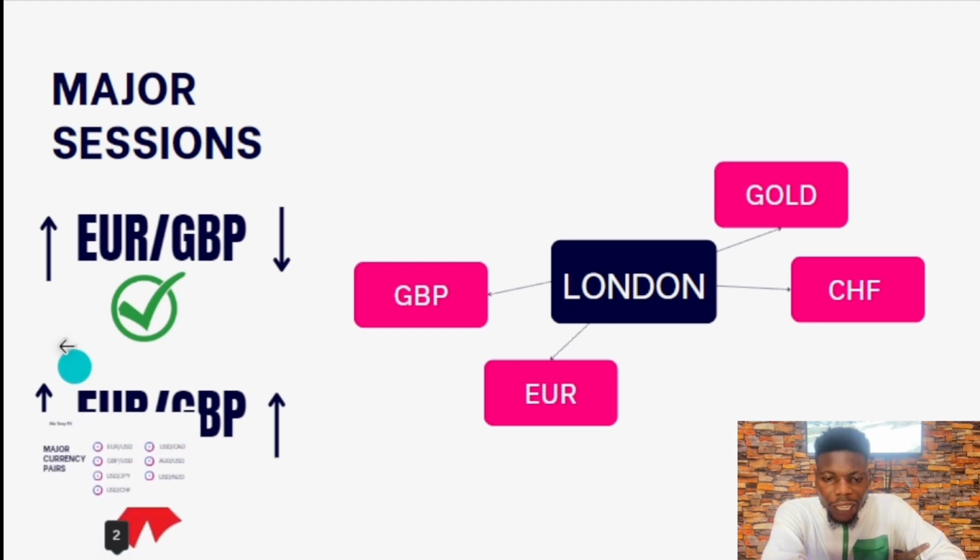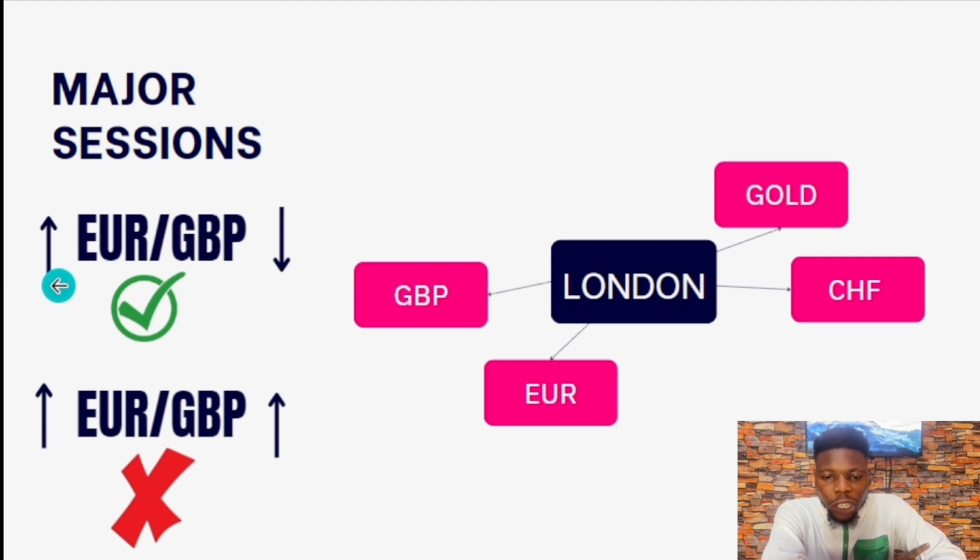You can see I give the example here. You must make sure maybe the euro is bullish and GBP is bearish. That's the only way it can move. It can't move if euro is bullish and GBP is bullish. It won't move. We will have a ranging market.